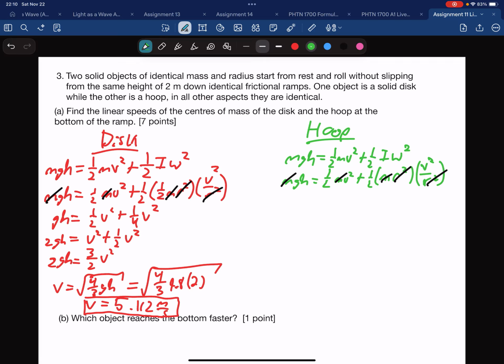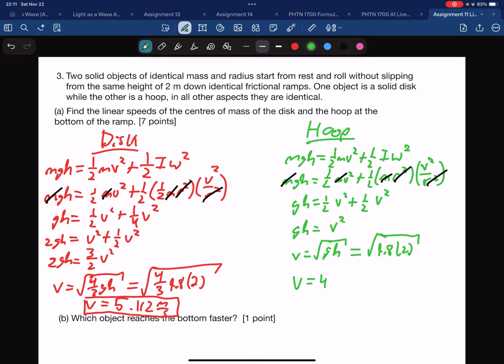I'm left with gh equals 1/2 v squared plus 1/2 v squared. I'm going to erase those 1/2s because they are awful and redraw them here. That looks a lot better. So gh equals v squared. V equals the square root of gh, which is the square root of 9.8 times 2. V equals 4.427 meters per second.